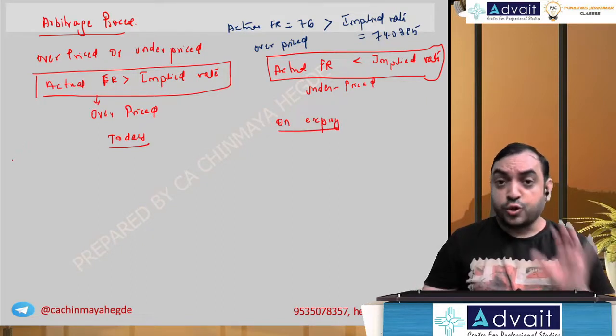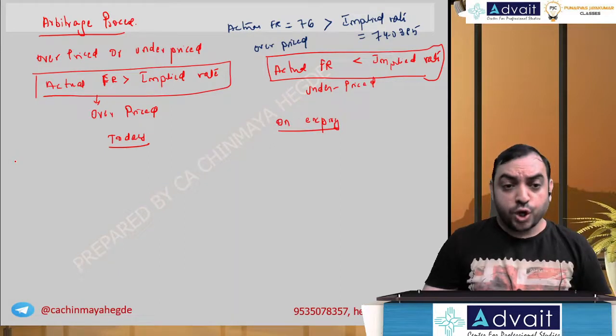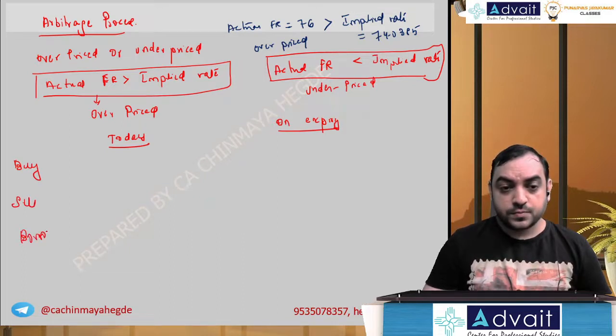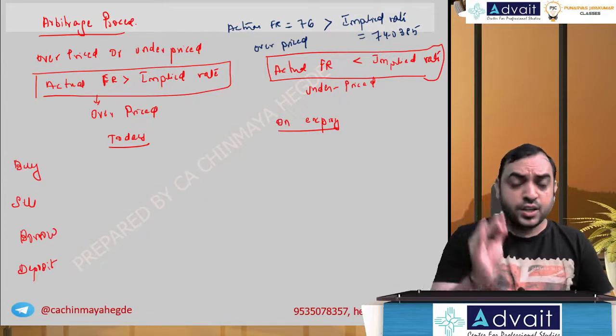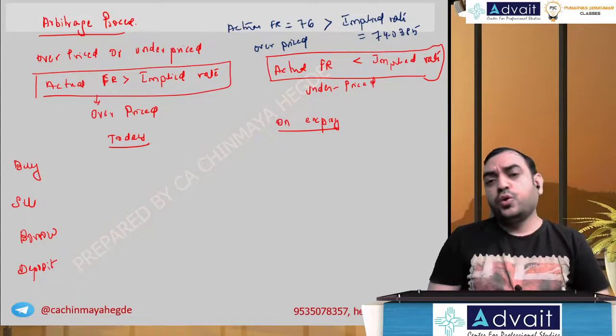I'm going to divide it into four parts basically: what do you buy, what do you sell, where you borrow, where you deposit.